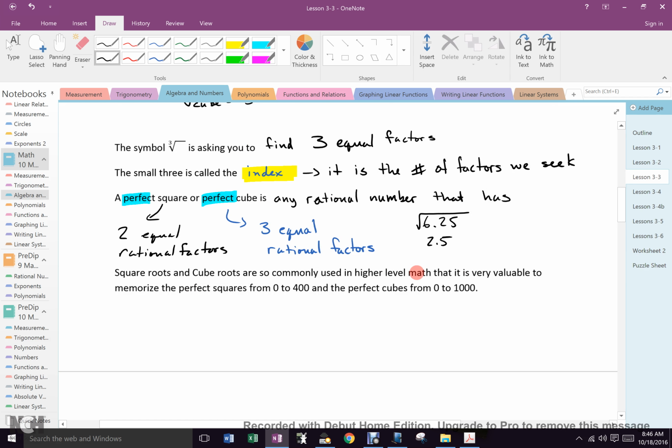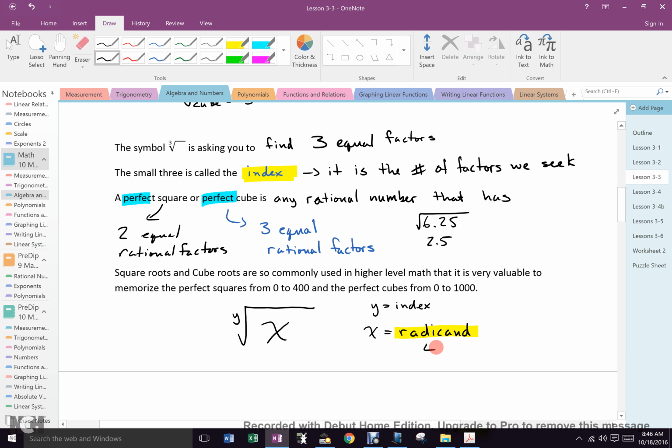At the bottom here, you will notice that I have given you a very important piece of advice. We're going to do that in a second on the next page. But in the bottom here, I want you guys to write this following construction. Y root x. Okay? So y, we already know it's the index. And the x is what we call the radicand.